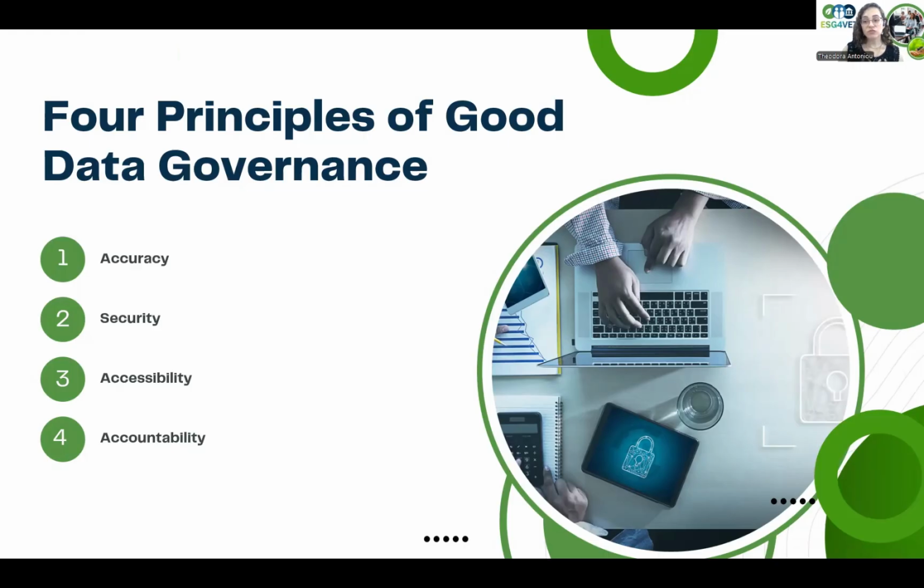Employees should have access to the information they need while respecting confidentiality and organizational policies. And the fourth principle is accountability. Everyone has a responsibility to manage information carefully and follow organizational procedures. Together, these principles help organizations use information responsibly and consistently.